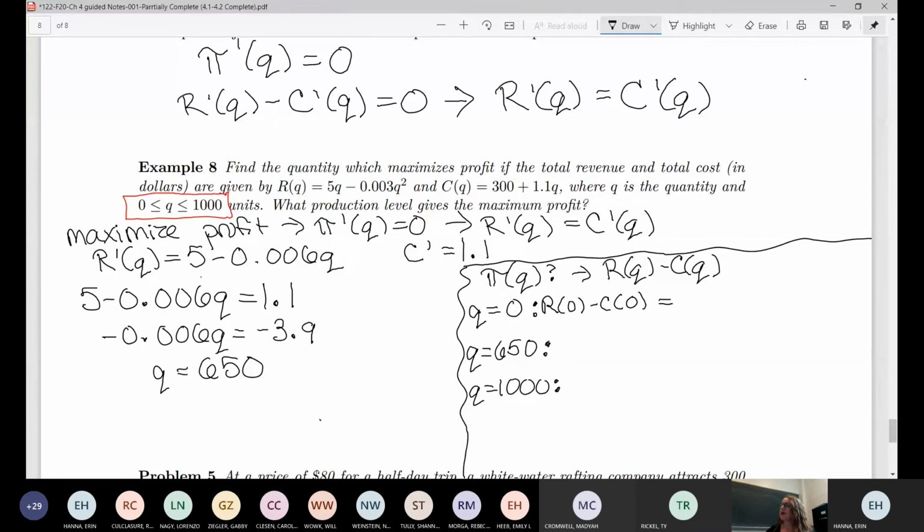If we plug in 0 to revenue, 5 times 0 minus 0.003 times 0 squared, we essentially get 0. If I plug in 0 to cost, we're going to get 300 plus 1.1 times 0, so 300. So we'll get negative 300 as our profit for 0.